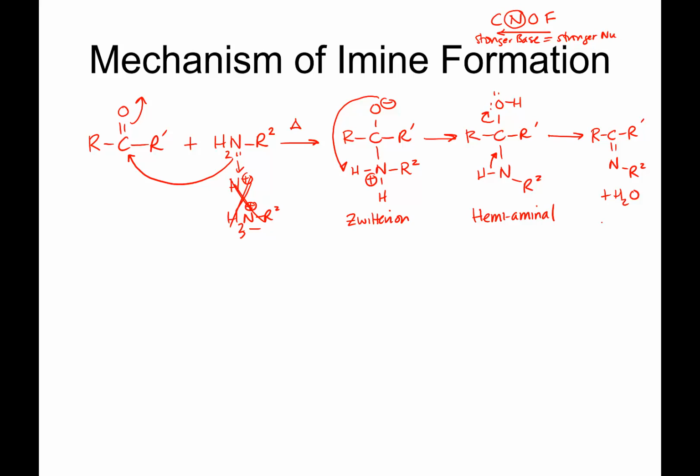And so that's how we're going to form our imine, or our Schiff base. So I know that step isn't necessarily the most appealing, and maybe this reaction actually occurs by two molecules where the OH grabs the nitrogen's proton, but this is how we can simplify that reaction.